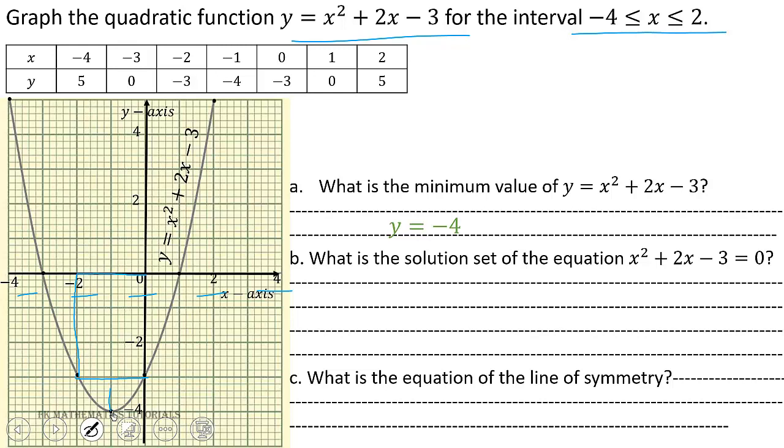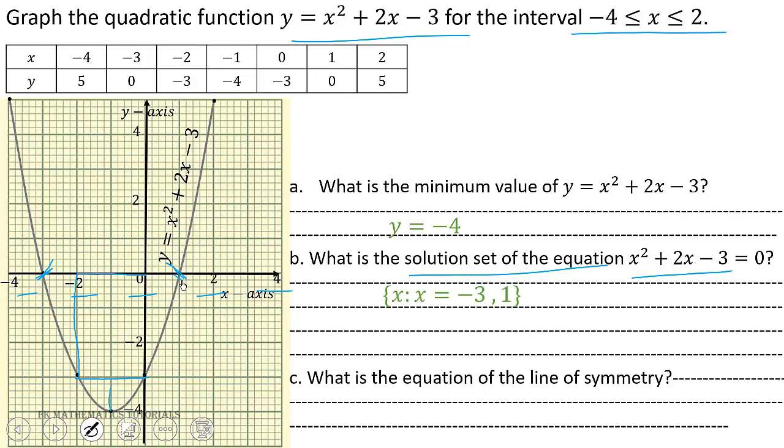What is the solution set of the equation x squared plus 2x minus 3 equals 0? So this solution set is the roots of the equation, that is where the parabola intersects with the x-axis. So these 2 points, you can see this is -3 and this is 1.